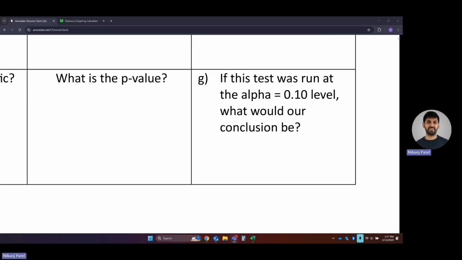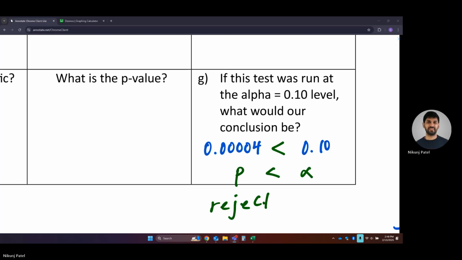We got a p-value of 0.0000, and there's a lot of zeros in there, and then a 4. Our alpha is 0.10. So it looks like we would put a less than symbol here. P is less than alpha, so we would reject H0. There you go.